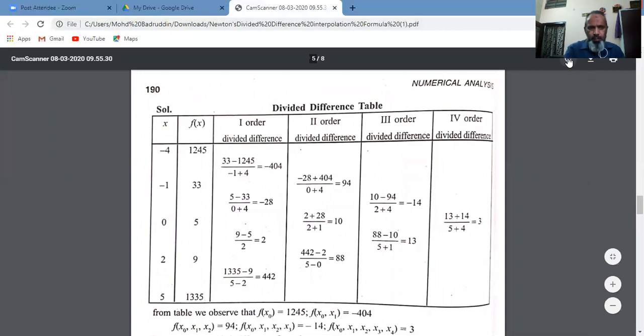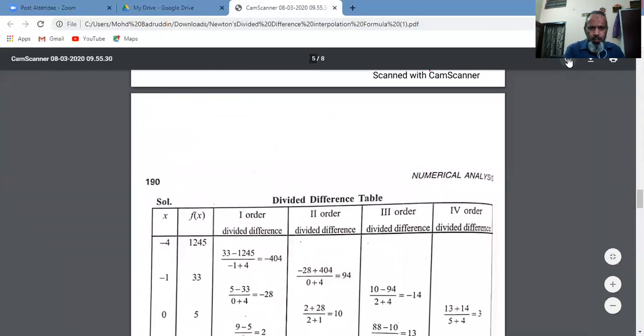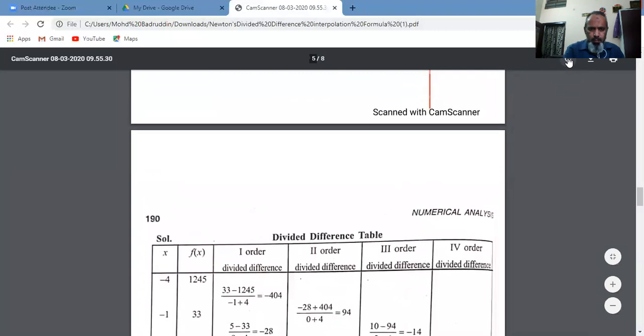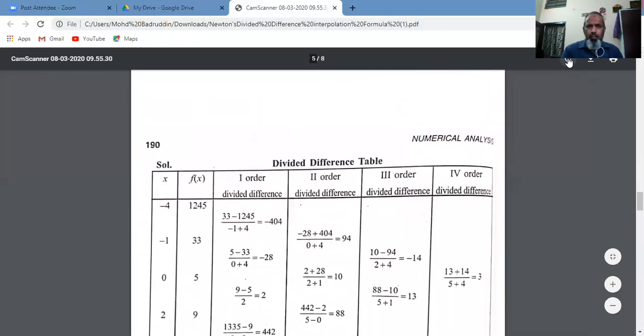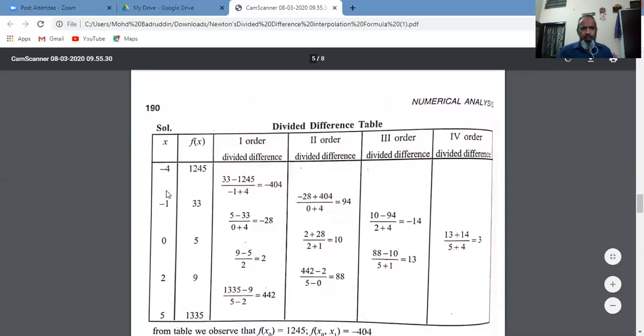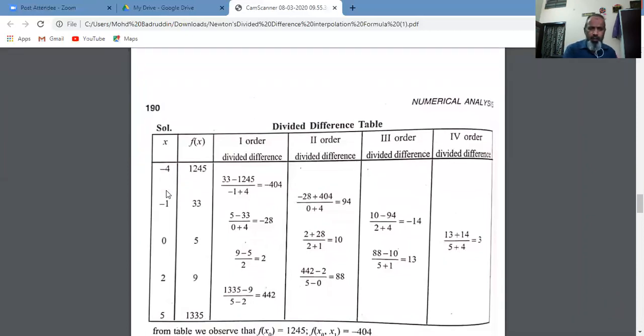So the problem is, we have given arguments and the functional values. Arguments are minus 4, minus 1, 0, 2, 5, and functional values are 12, 45, 33, 5, 9, 13, 35.